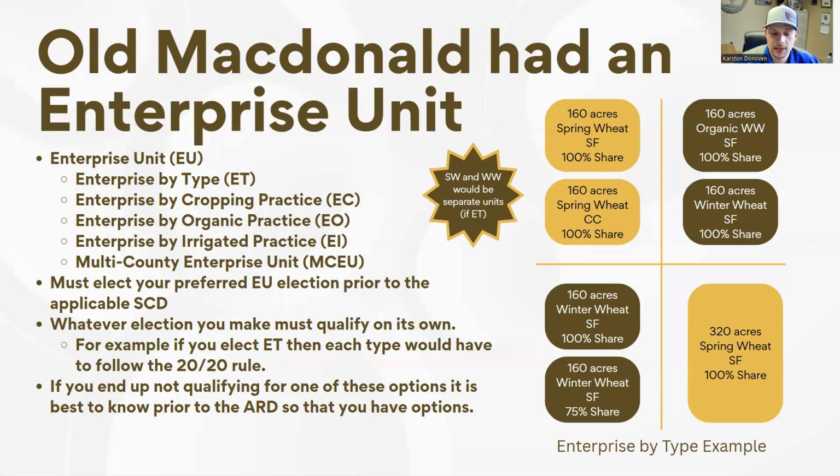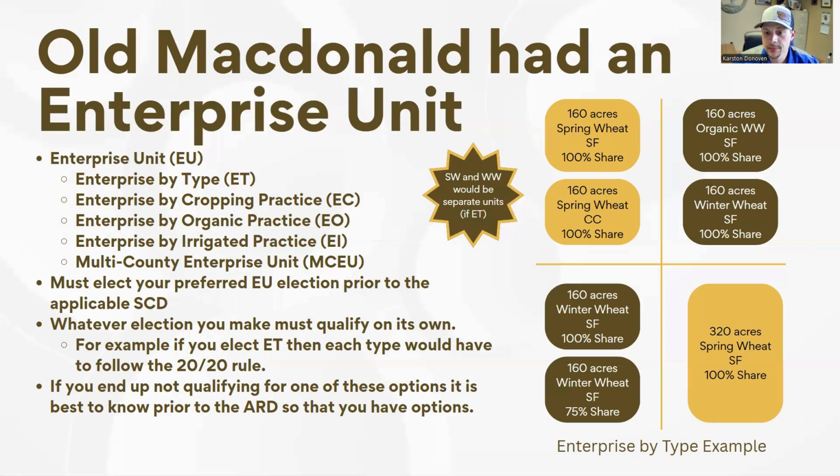For example, if we take a look at enterprise by type, that's probably the most popular out of these options. If you do elect enterprise by type, each type, so for example, winter wheat and spring wheat, has to qualify by following that 20/20 rule. So you have to have at least 20 acres in two different sections of winter wheat, and then also at least 20 acres in two different sections of spring wheat for it to be able to qualify for enterprise by type.